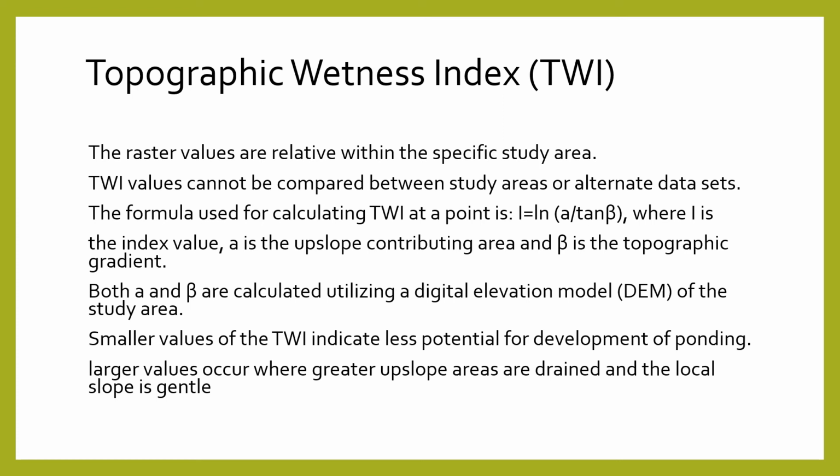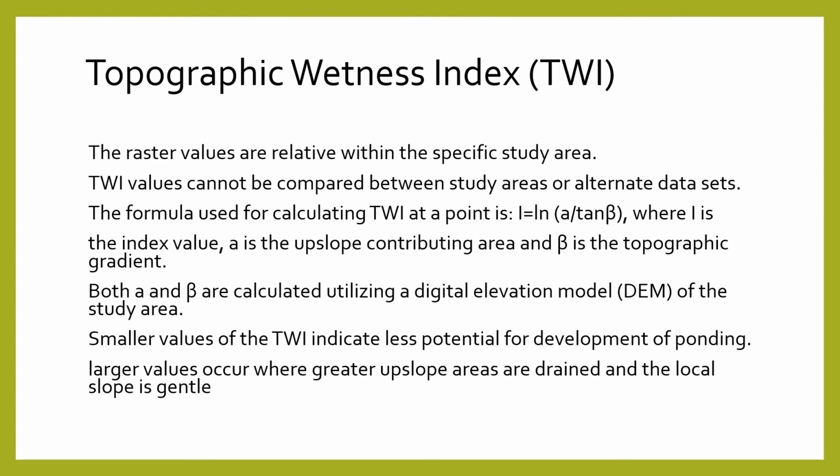But at the end of the day, what does that mean? It means that wetness at a spot is related to how much area drains to there and how steep the terrain is. The more area that drains, the greater the amount of water potential.